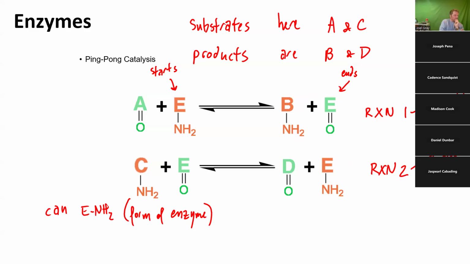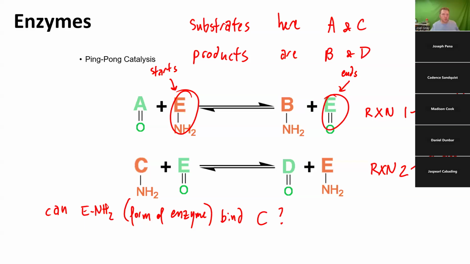Now, a little bit ago, everyone seemingly agreed that ENH2 and E carbonyl oxygen, or EO, are different. And I agree with that. They are different. Now, my question for you is, can ENH2 bind substrate C?